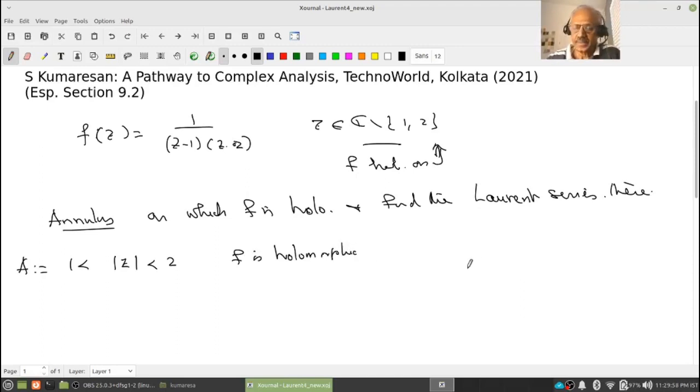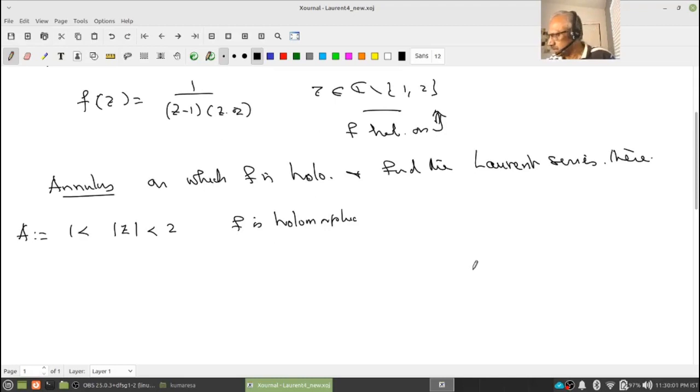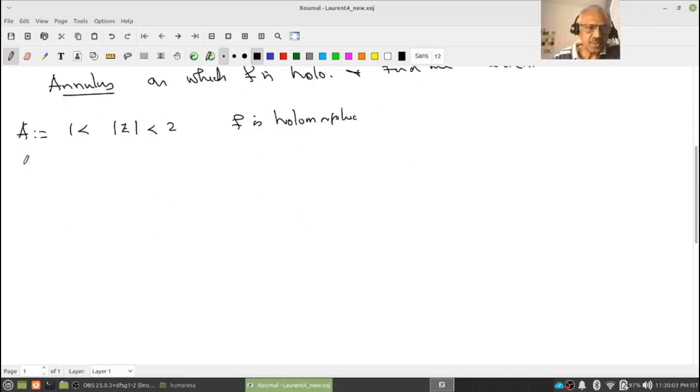Now there are also other annuli, so let me call this A1, and there is another annulus A2. Just look at z minus 1. I have 1 here, this is my 0 in the complex plane.